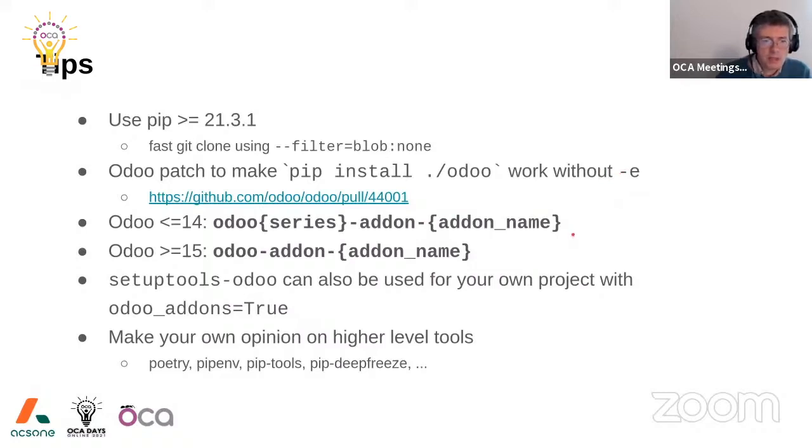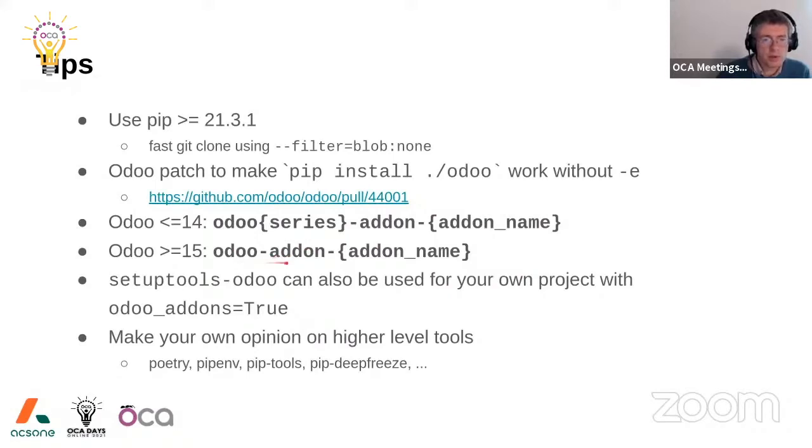Another tip is that for older Odoo versions, the name of the packages on PyPI was odoo with the Odoo version number. That was necessary because the pip dependency resolver was, let's say, too rudimentary to find the correct version. But now that the pip resolver is much more sophisticated, we don't need that anymore.